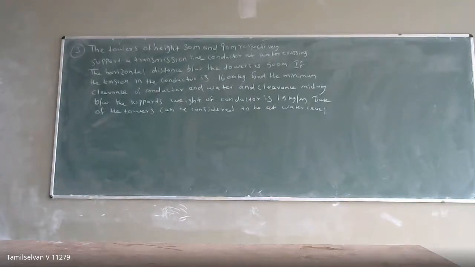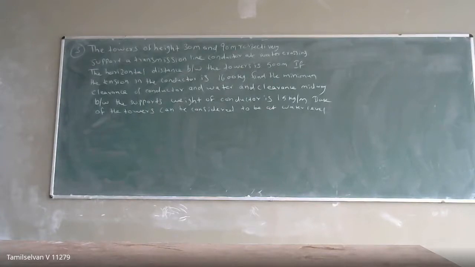The towers of height 30 meter and 90 meter respectively support the transmission line conductor at water crossing. The horizontal distance between towers is 500 meter.